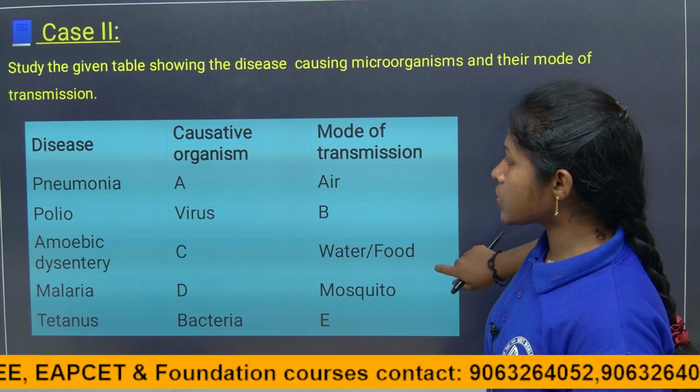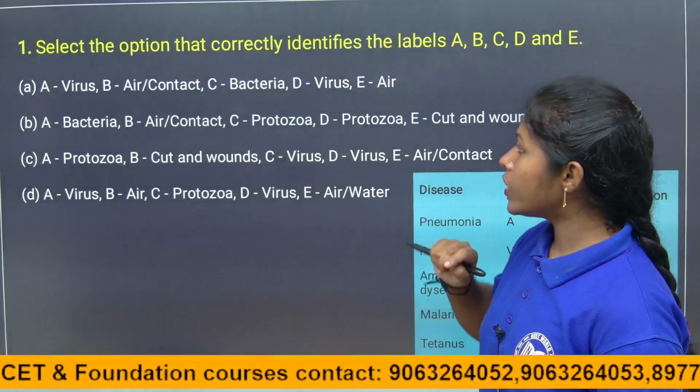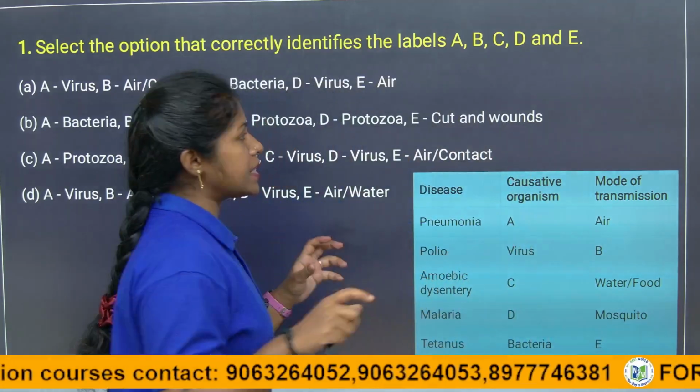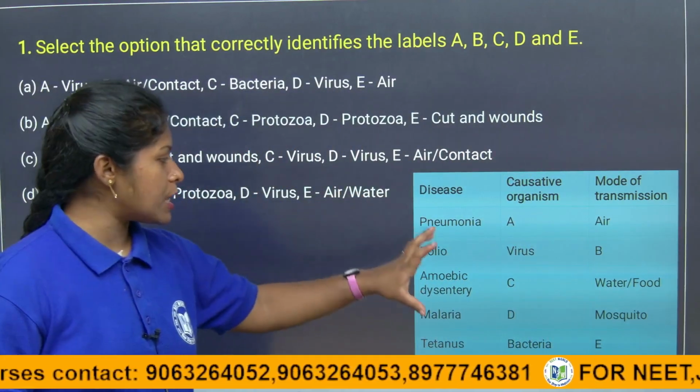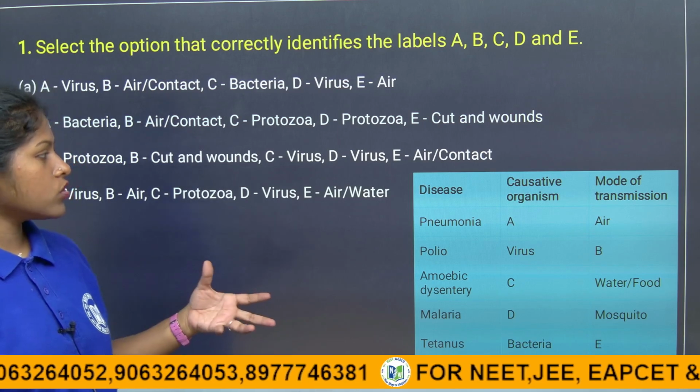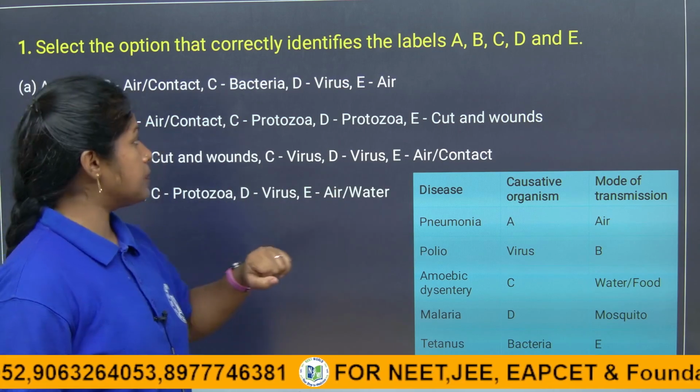So let's see the first question. Select the option that correctly identifies the labels A, B, C, D and E. They are asking what those A, B, C, D and E are.